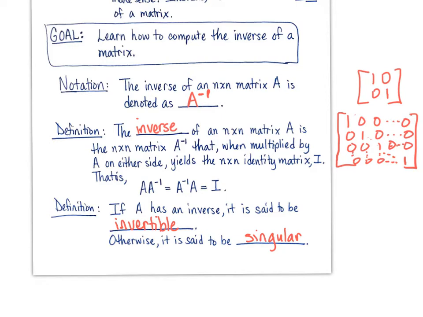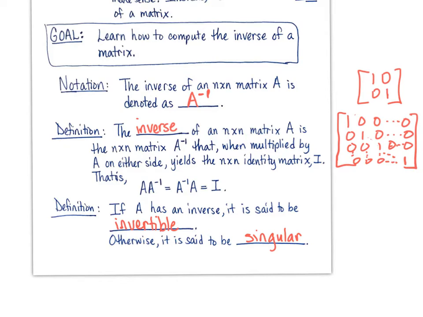In any case, when you're talking about an inverse, you know your matrix has to be what kind of matrix? Well, that's implied if your matrix has an inverse. But if you are talking about the inverse of a matrix, your original matrix has to be a square matrix.